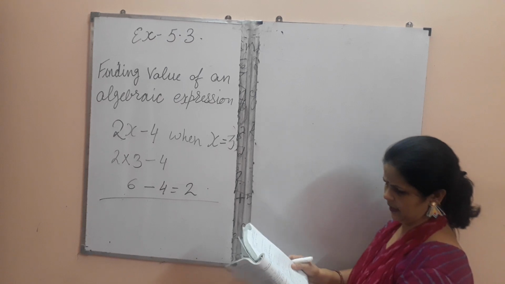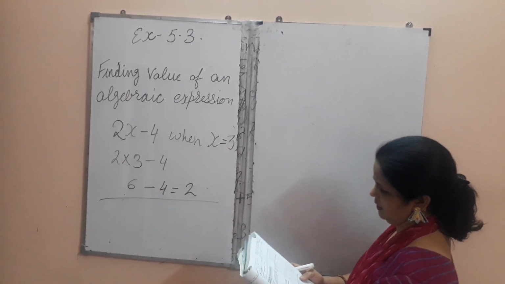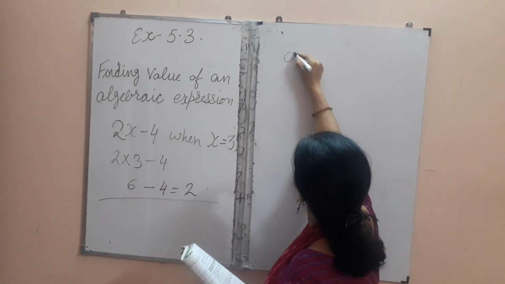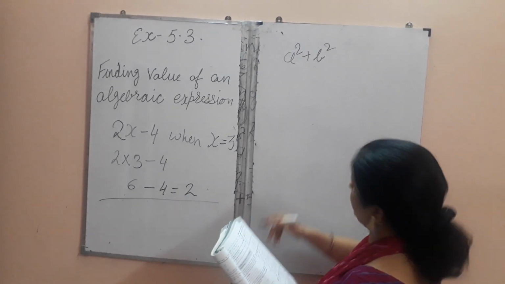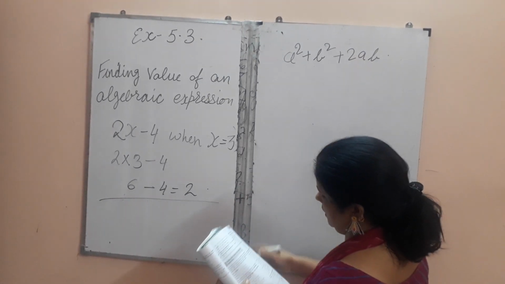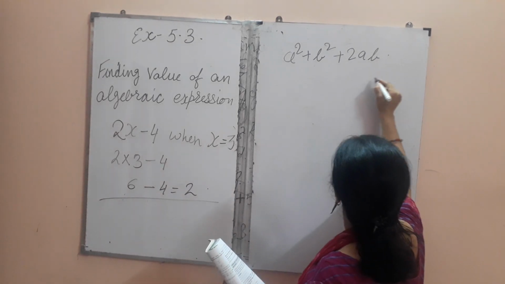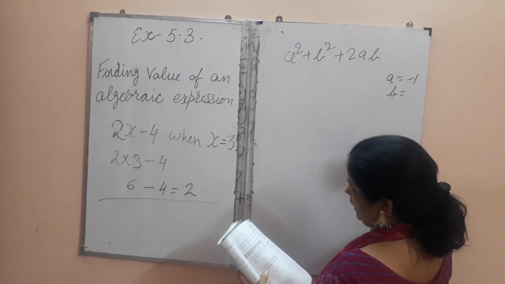When two variables are given, we'll take a square plus b square plus 2ab, where the value of a equals minus 1 and the value of b equals 3.